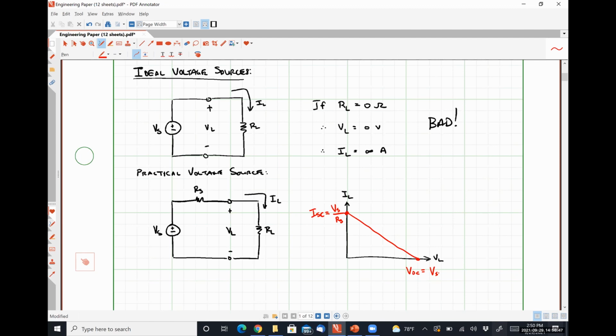So this characterizes the behavior of our source. And it's really just 2 quantities: short circuit current and open circuit voltage. Those are the 2 parameters. They are related to each other by that resistance RS. That tells us everything we could possibly want to know about how any real battery behaves.